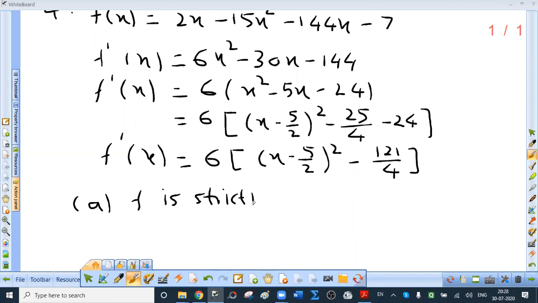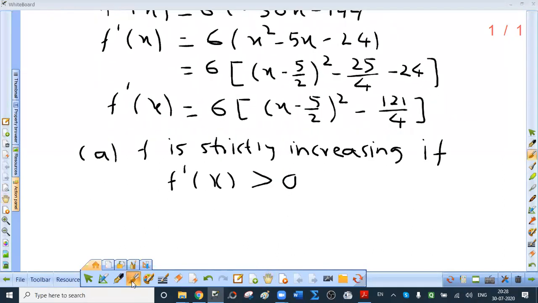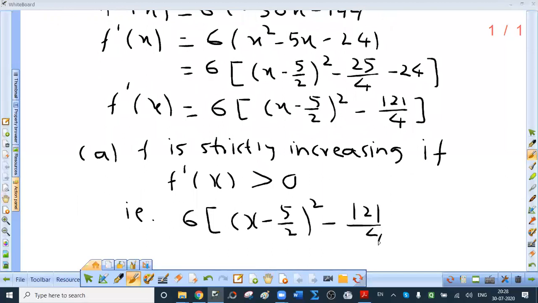Write down: strictly increasing if f dash of x greater than 0, that is 6 times x minus 5 by 2 square minus 121 by 4 greater than 0.